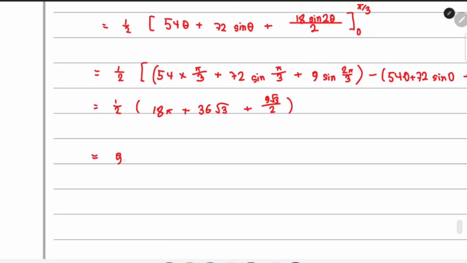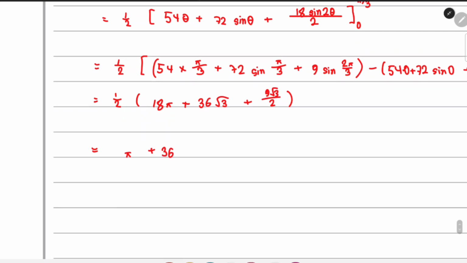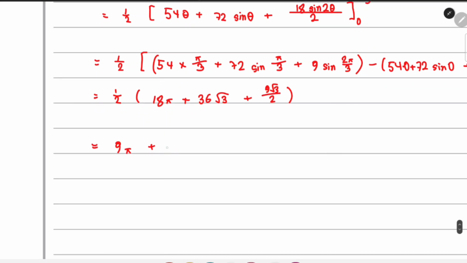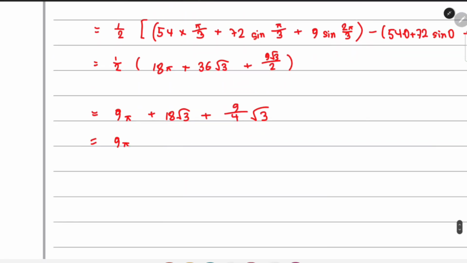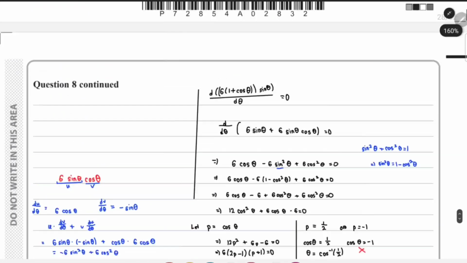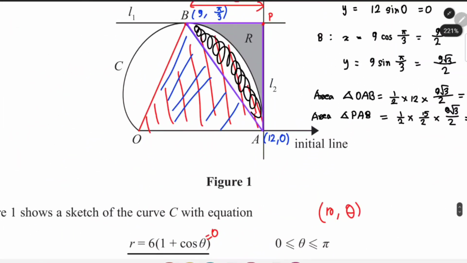So finally we get 9 pi plus 18 root 3 plus 9 by 4 root 3. I can add the root 3's together. I get 9 pi plus 81 by 4 root 3. This is the sector area. This is this whole red area.